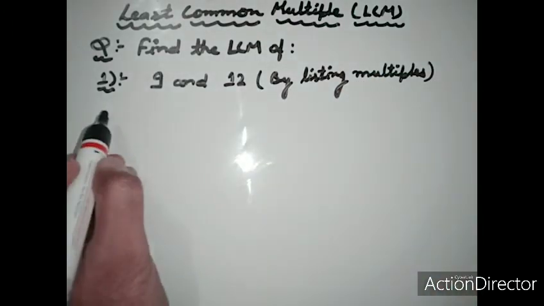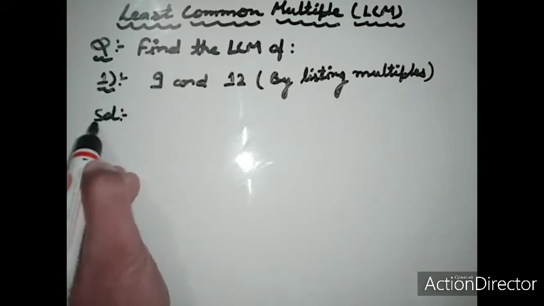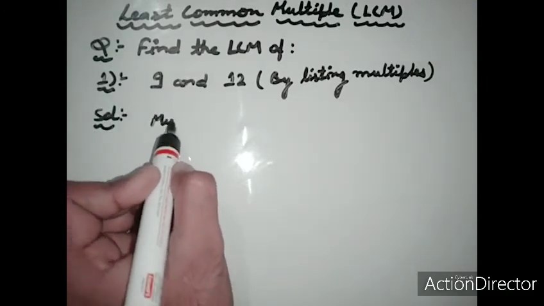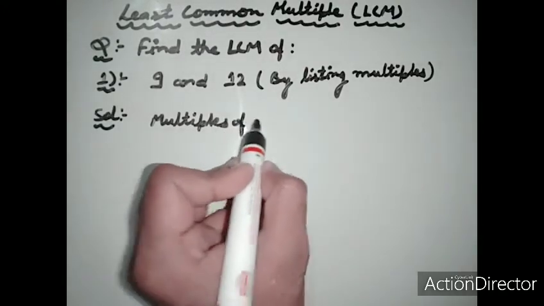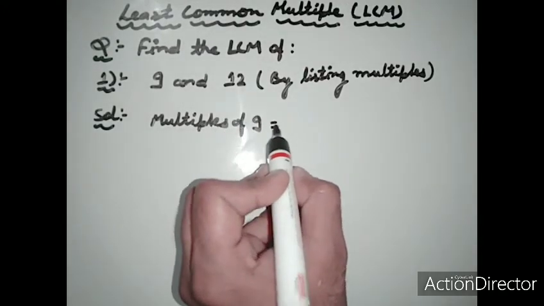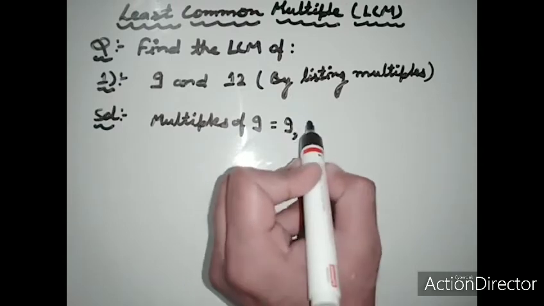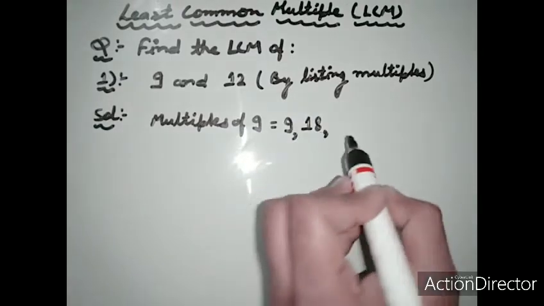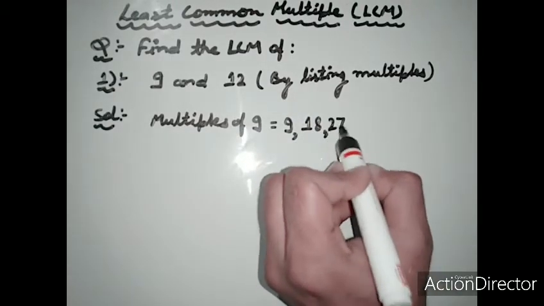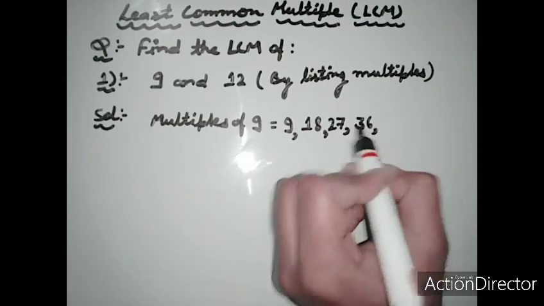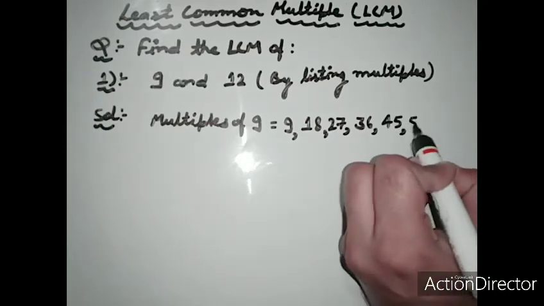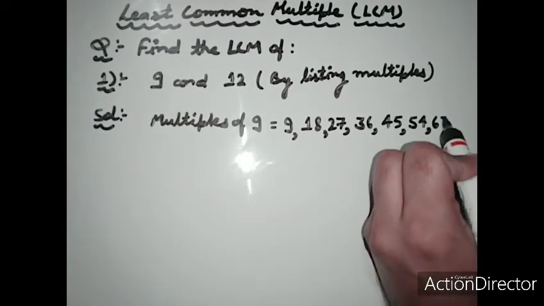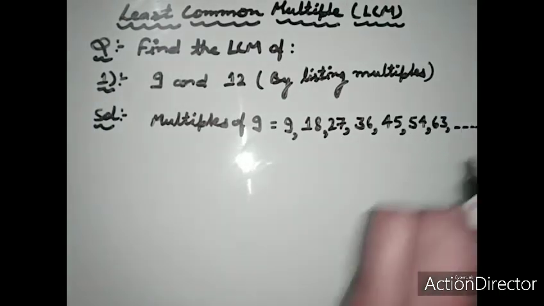So in the solution, first we write the multiples of 9. 9 ones are 9, 9 twos are 18, 9 threes are 27, 9 fours are 36, 9 fives are 45, 9 sixes are 54, 9 sevens are 63, and so on.